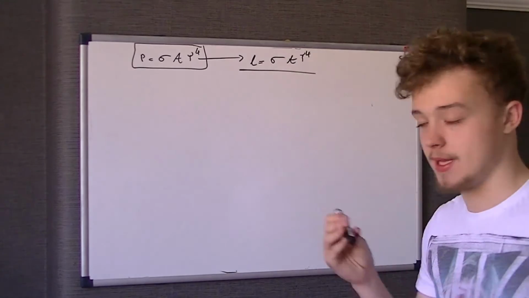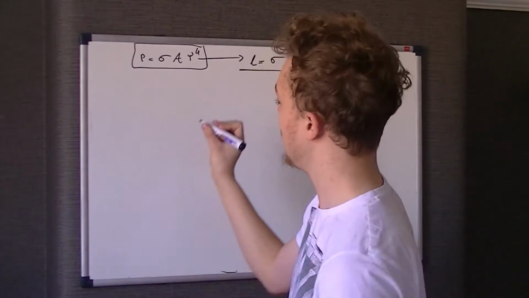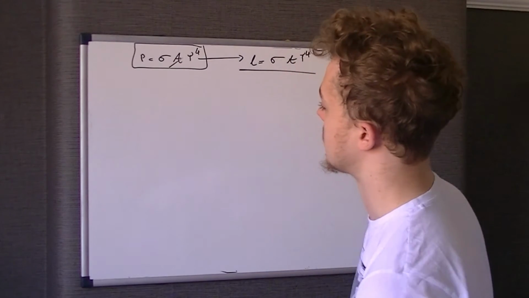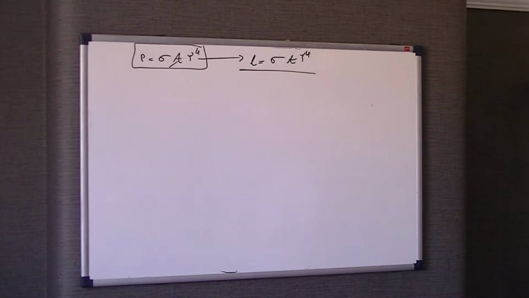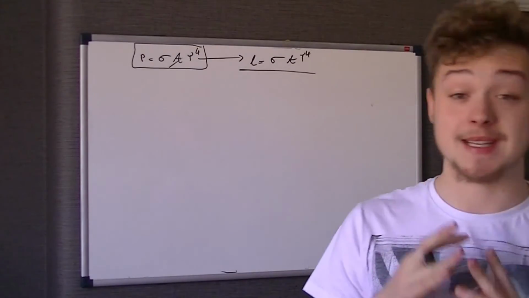Now if we wanted to work out the intensity of that, well the intensity is power over area, so you would just cancel out the areas and intensity would be the Stefan-Boltzmann constant times temperature to the power 4. Now I think I mentioned this distinction between brightness and intensity.